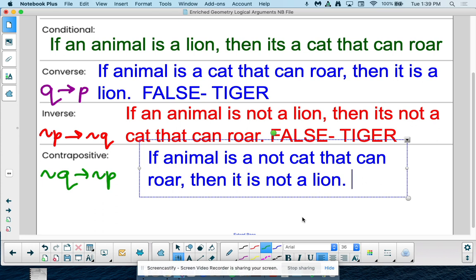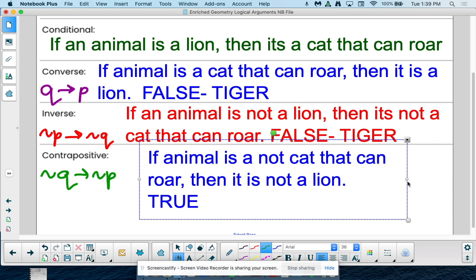True or false? If an animal is not a cat that can roar, then it's not a lion. True. That one is true, right? If it can't roar, then we know for sure it's not a lion, right?